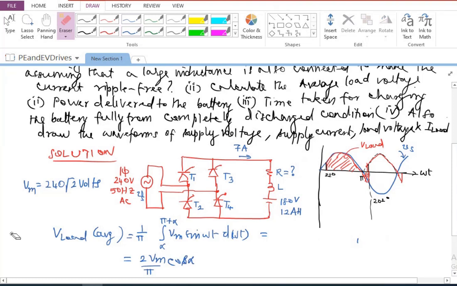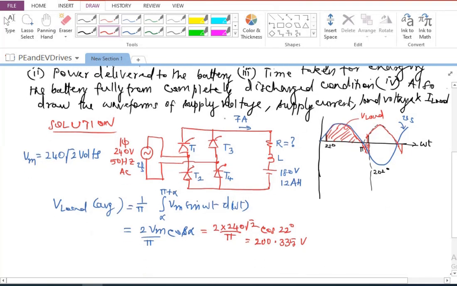So this is going to be 2 Vm divided by pi cos alpha. So I can write this as 2 multiplied by 240 root 2 divided by pi and cos of 22 degrees. So this comes out to be 200.335 volts.